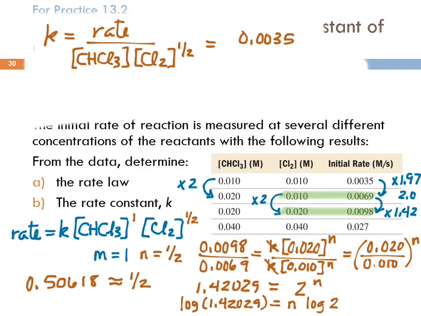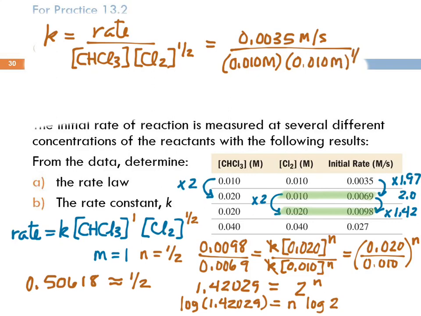So this is molarity per second, and both of those concentrations are 0.010 molar, to the first power and to the 1/2 power. 0.0035 divided by 0.01 times 0.01 to the 0.5 equals, and this comes out to be the number 3.5.